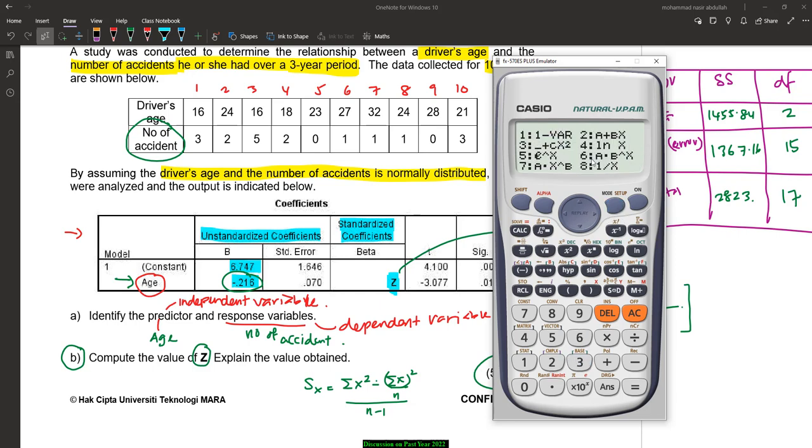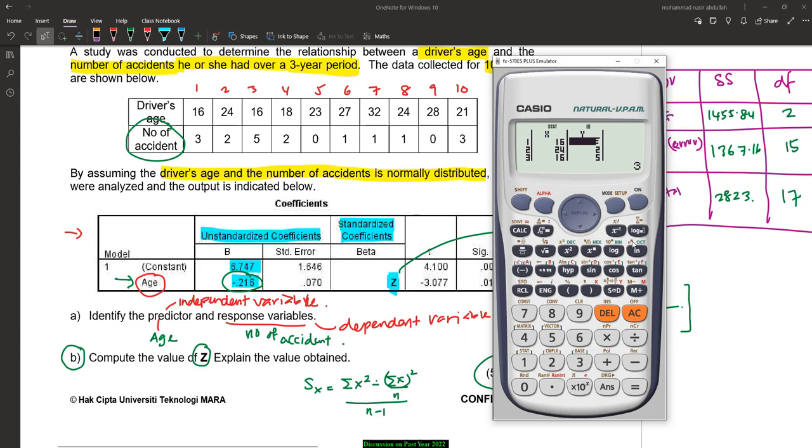Right, this is going to be 2. Right, so kita ada X and Y. So we know that H is X. So kita masukkan lah variable 16, 24, 16, 18, 23, 27, 32, 24, 28, 21. So cukup. This is 3, 2, 5, 2, 0, 1, 1, 1, 0, 3. Right, you can always recheck your value dalam calculator, right?